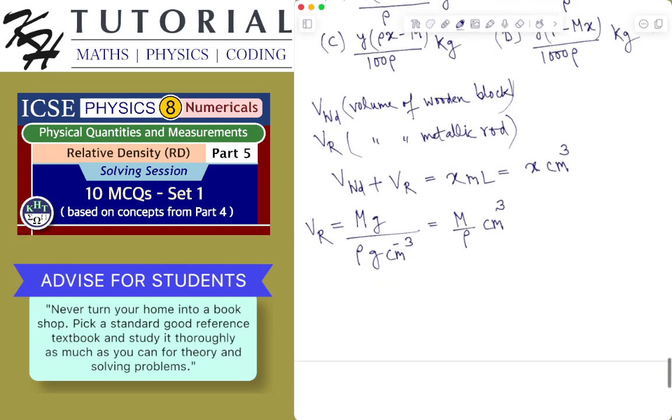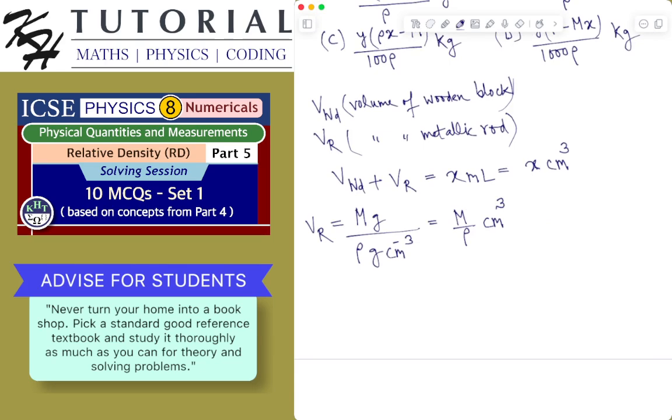So now, using this equation that we got earlier, we can say that the volume of the wooden block will be equal to x minus V_R, this much centimeter cube.